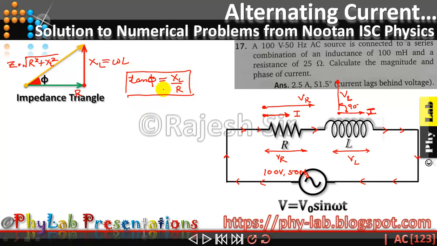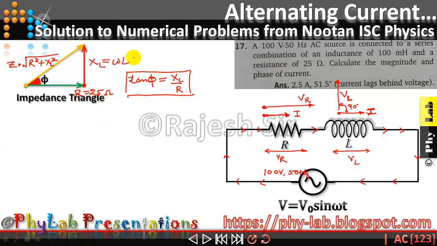Friends, please remember this impedance triangle for all different types of circuit, whether it is an RL circuit, an RC circuit, or an LCR circuit. Knowing the impedance triangle will help you solve numerical problems easily. Now let's find R. R has been given already as 25 ohm, so my work becomes easier.